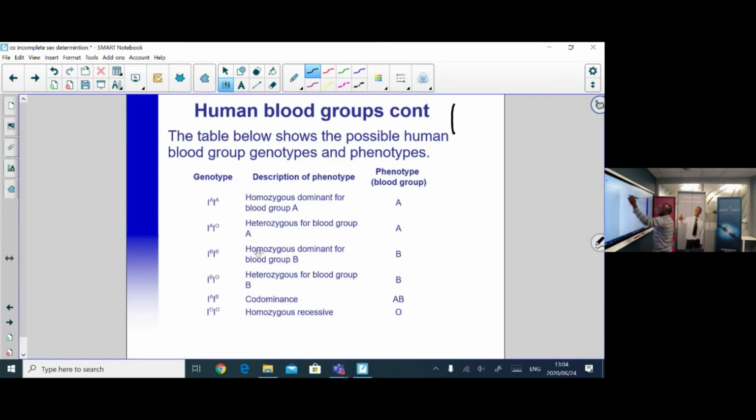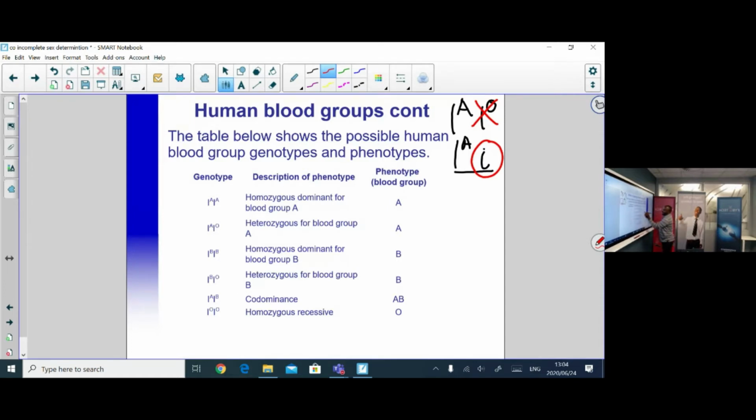For blood group A, you can put an I and an A, and for blood group O, an I and an O. Alternatively, you can put I and a small letter i. Today I want to emphasize that we are expected to use the I notation as grade 12. So for now, let us not use the IO.